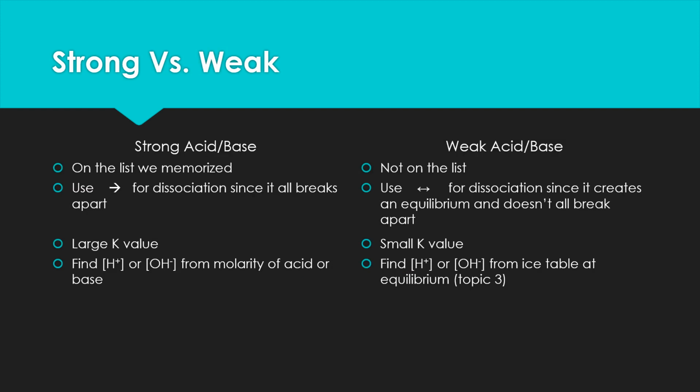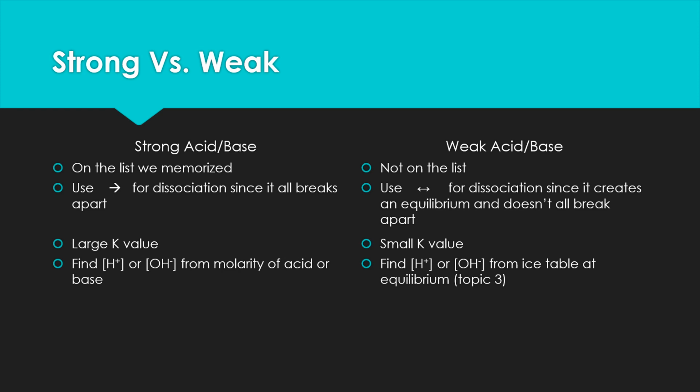So let's compare our strong versus weak acids and bases just so we know where our difference is. In this set of notes, we're really focusing on the strong acids and bases. Those are the ones on our list that we memorized. If it's weak, it's not on the list. That's why we memorize only that handful of acids and bases, because every other one that we encounter is going to be weak.